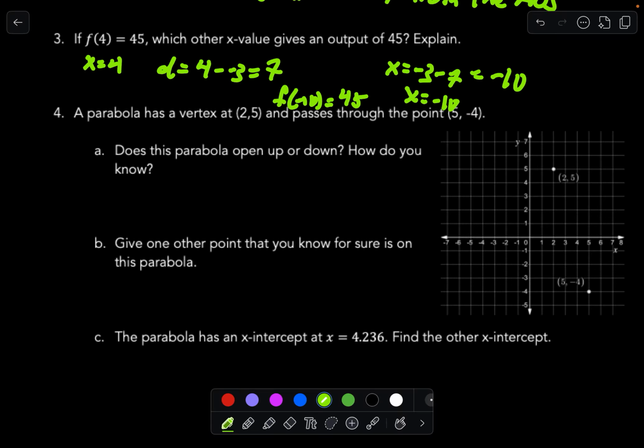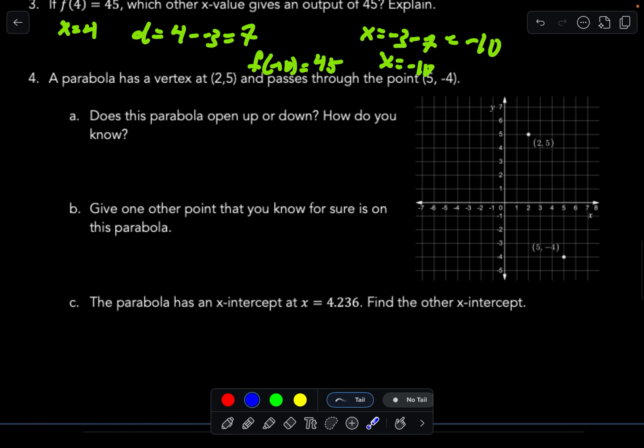What we did was we found the distance that the number 4 is from the axis of symmetry, -3, and that's 7 units. Once we figured out that x equals 4 is 7 units to the right of -3, we know there must be another point 7 units to the left of -3, which puts us at x equals -10. So we know f of -10 must be equal to 45.